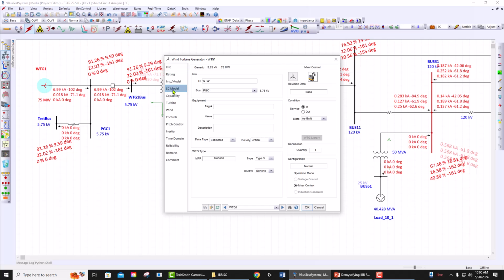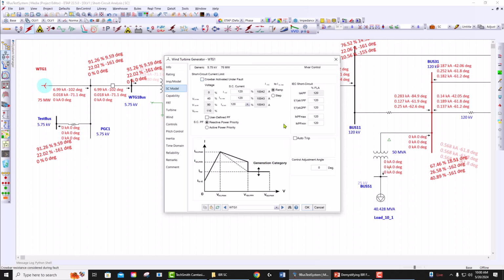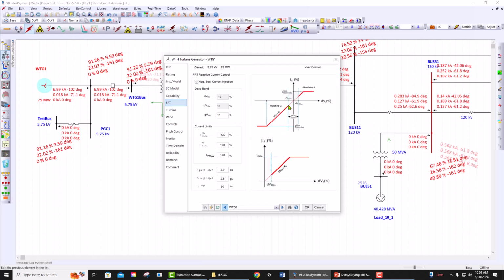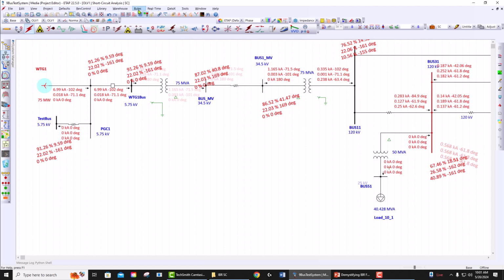Another parameter on this page that is going to be impactful is the auto trip. Auto trip is basically to emulate the behavior of the IBR for the ride-through curve. In terms of ride-through, we have two curves. One curve is about how much reactive current to inject, as you see in the FRT, but there's another curve that you can typically find in the rule books.